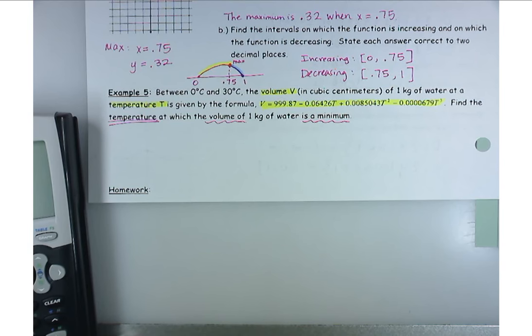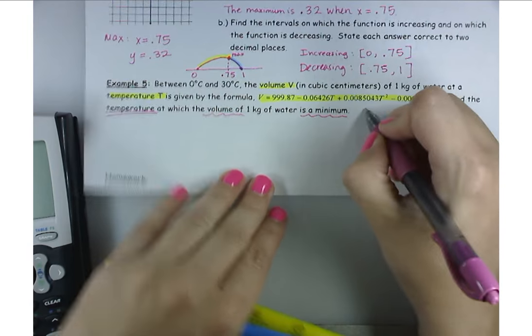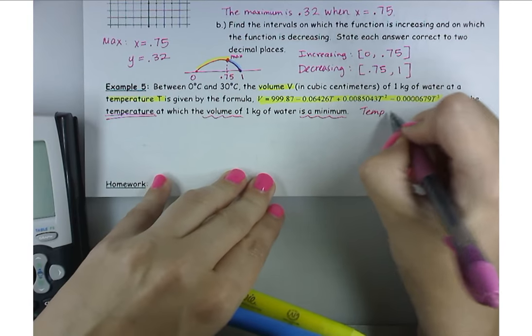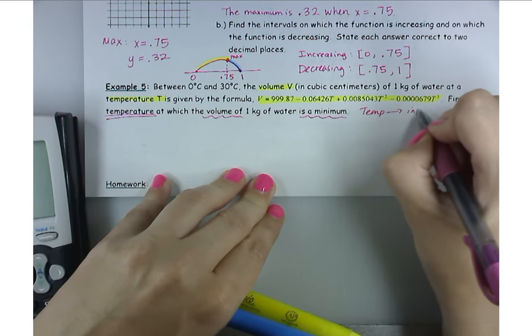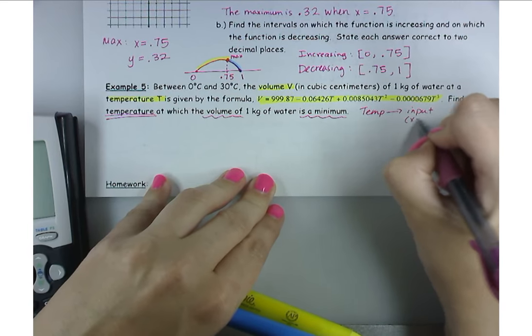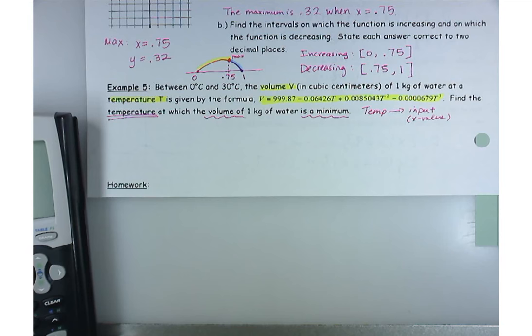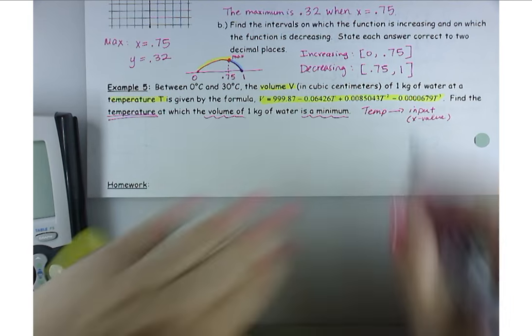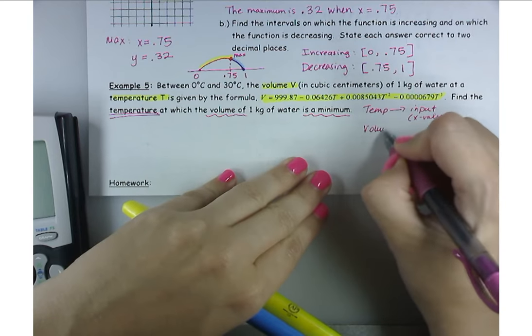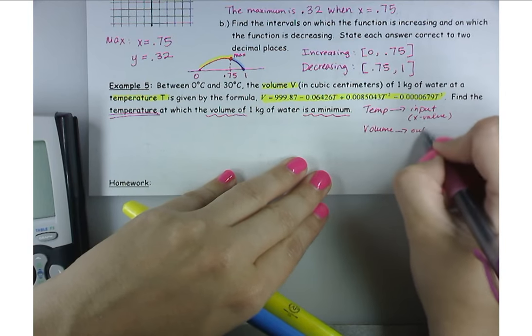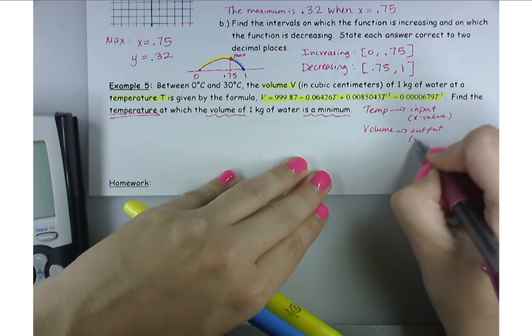So we're going to graph on a graphing calculator and we're going to find the appropriate window. Your temperature here is your input. So you can think of that like your x value. Okay? The volume is your output. You can think of that like your y value.